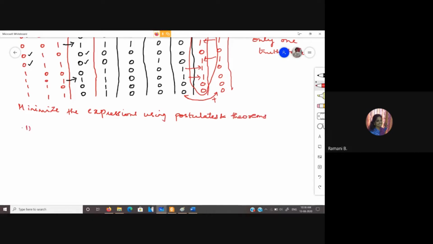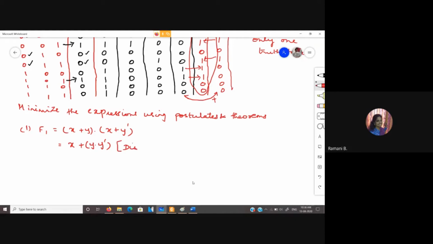So let us first consider f1 is equal to x plus y into x plus y bar. For this particular function, you can straight away say you are using the distributive law. So this will give me x plus y dot y bar, right?